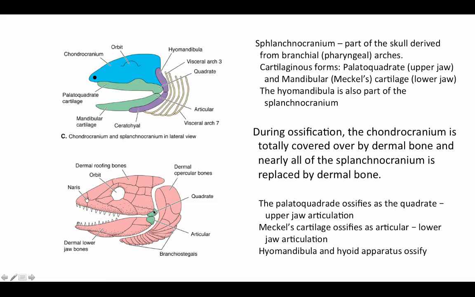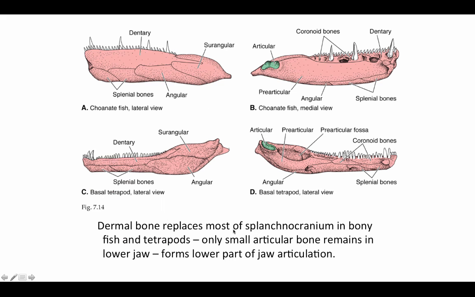What's left of the Meckel's cartilage is this ossification called the articular, which forms the lower part of the jaw articulation. So the hyomandibula and the hyoid apparatus ossify as their own structural elements and are not replaced by dermal bone.